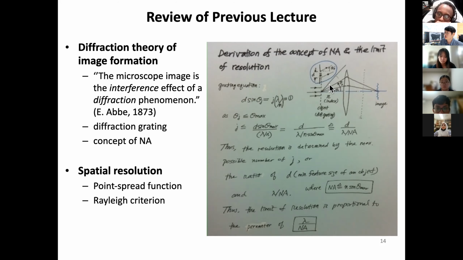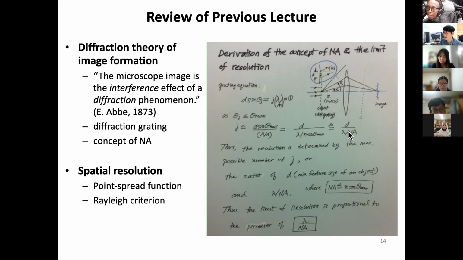What we found is that the number of J is limited by the maximum angle, J is an integer, and J has to be smaller than or the same as D over this parameter. D is of course the minimum feature size of the object, and the more J's we need to pass through, the smaller this denominator must be.